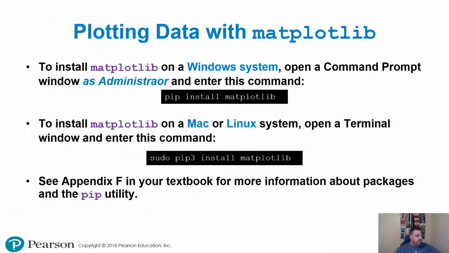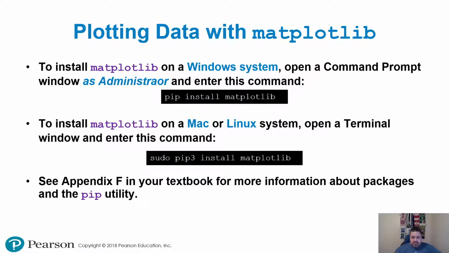Okay, one more time, it looks like this. Pip install matplotlib from the Windows command prompt as an administrator. Appendix F in your book has more information about how to use pip, and should help you install this as well. Since so many computers are so different, I'm not a DOS expert, I am not a Windows expert.